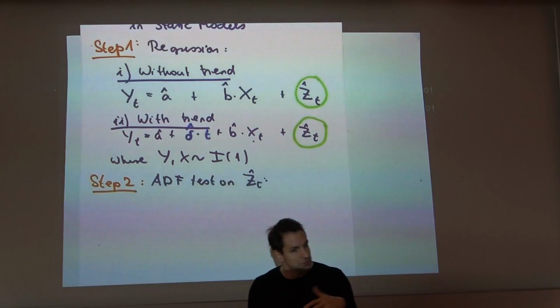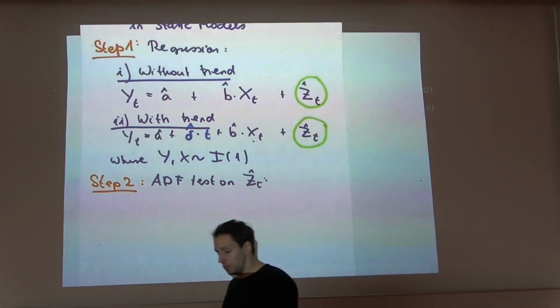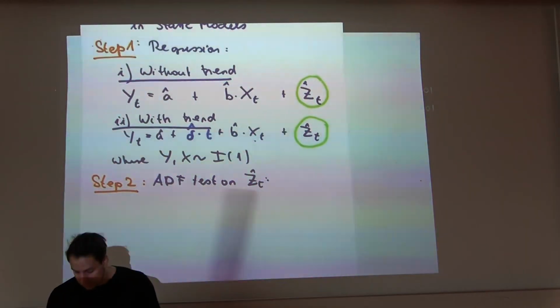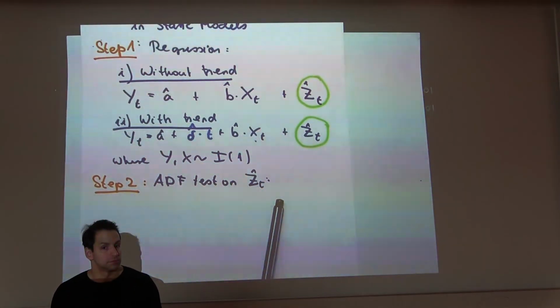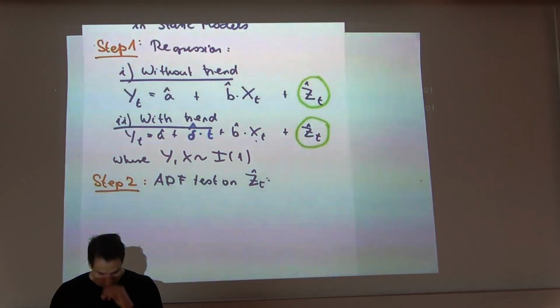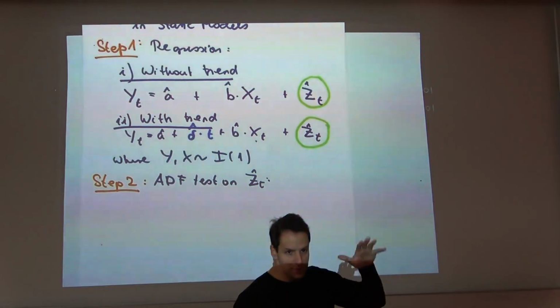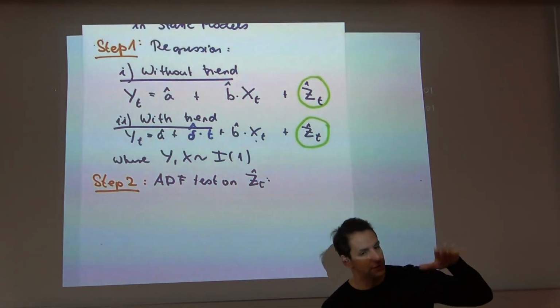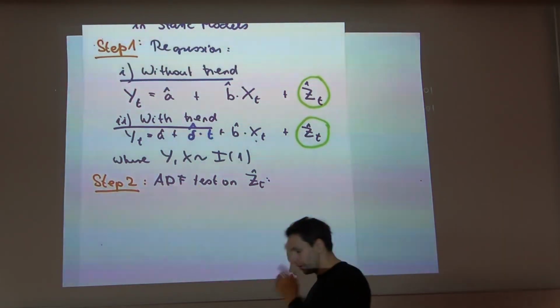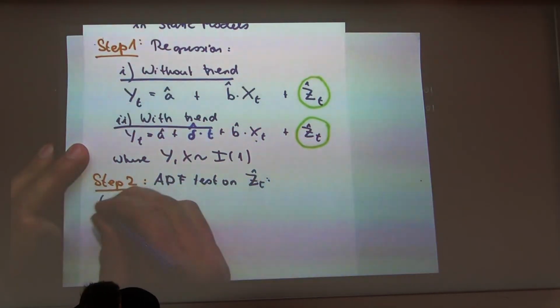If the residuals are stationary, then you will have that there is cointegration between x and y. That's it. So maybe remember the augmented Dickey-Fuller test, or specifically the Dickey-Fuller test just without the lag differences. It looks like this. We use model 3.